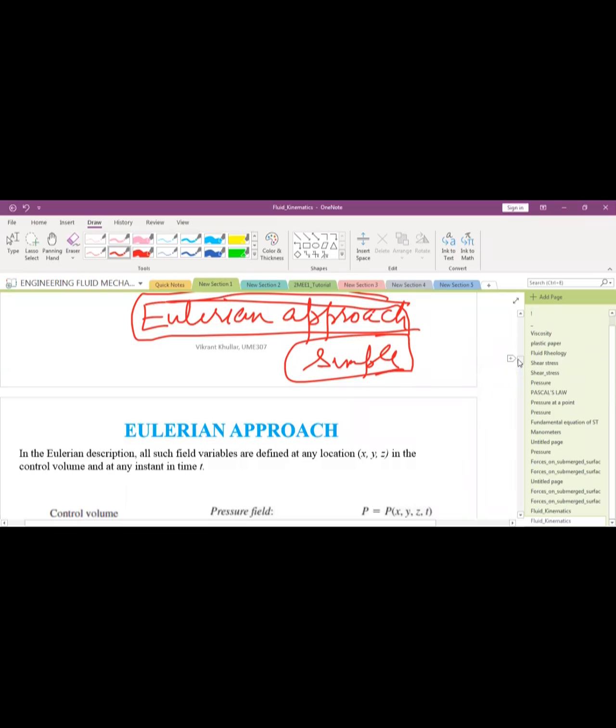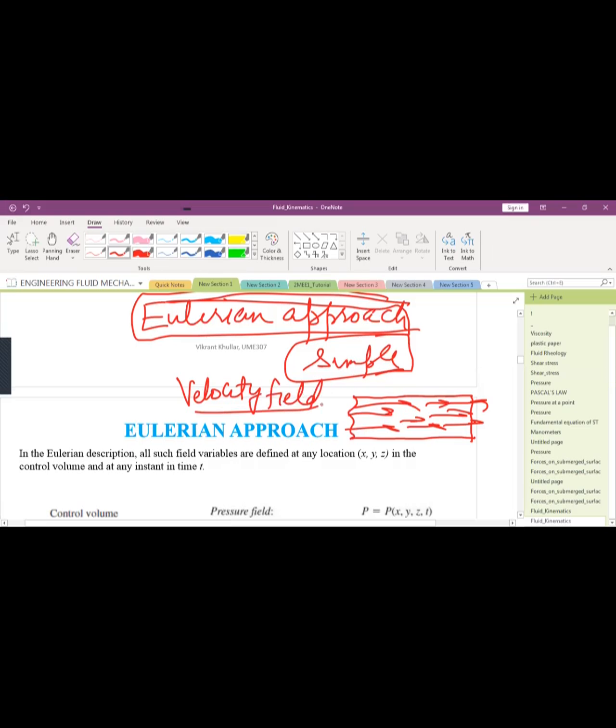अब फील्ड का क्या मतलब है ये ध्यान से देखिए. अब यहां पे कोई फ्लूइड फ्लो कर रहा है. So fluid is flowing in this river. So if I say, what is the velocity field?